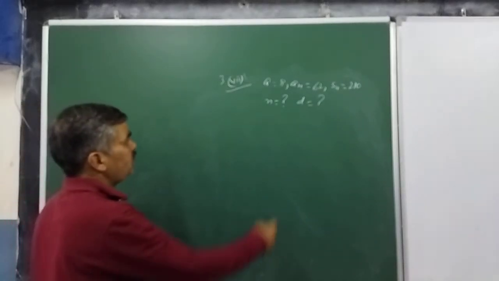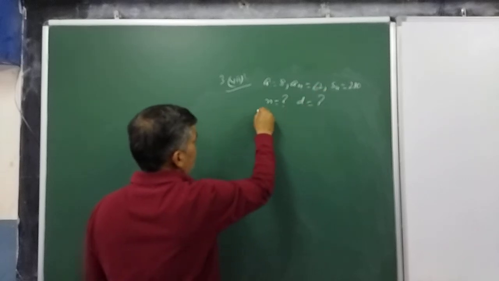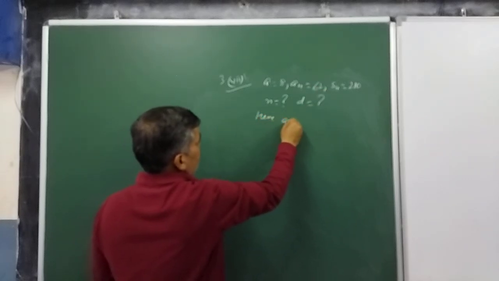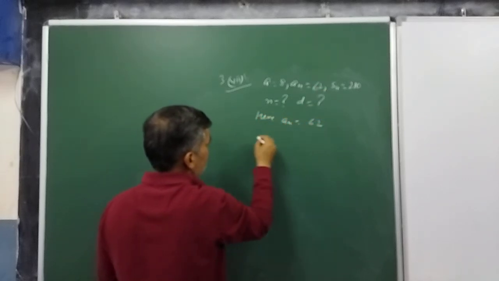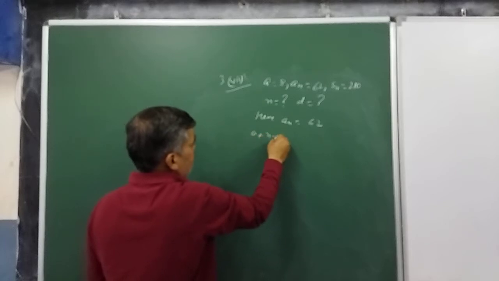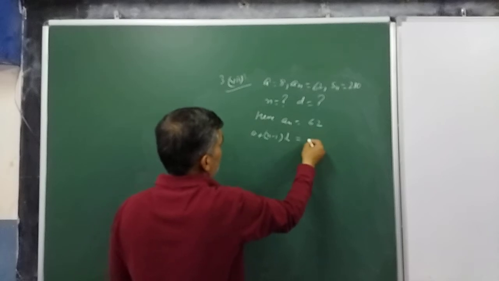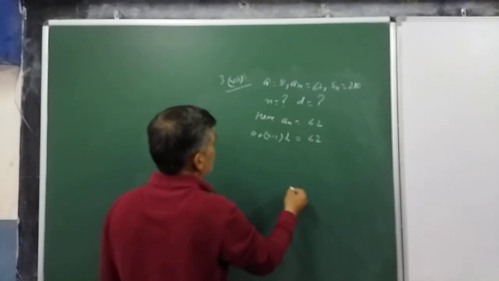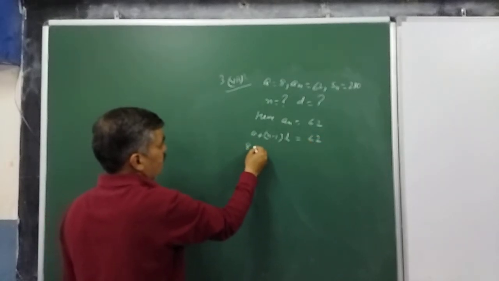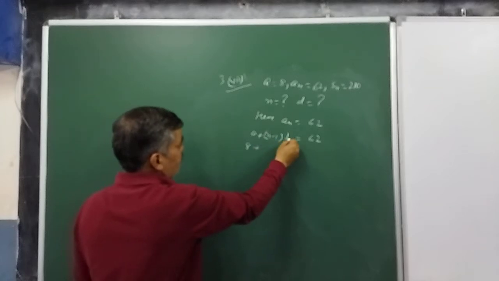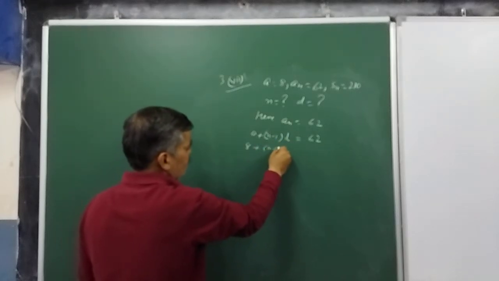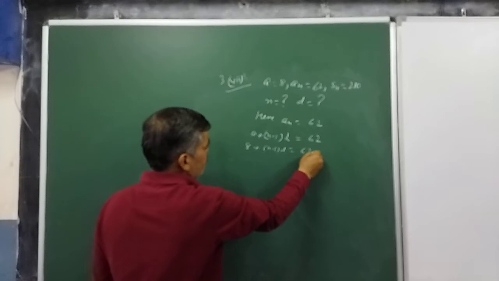Okay, so d I just can calculate from this equation where an is equal to 62 means a plus n minus 1 into d is equal to 62. So a is given 8 plus n minus 1 into d is equal to 62.